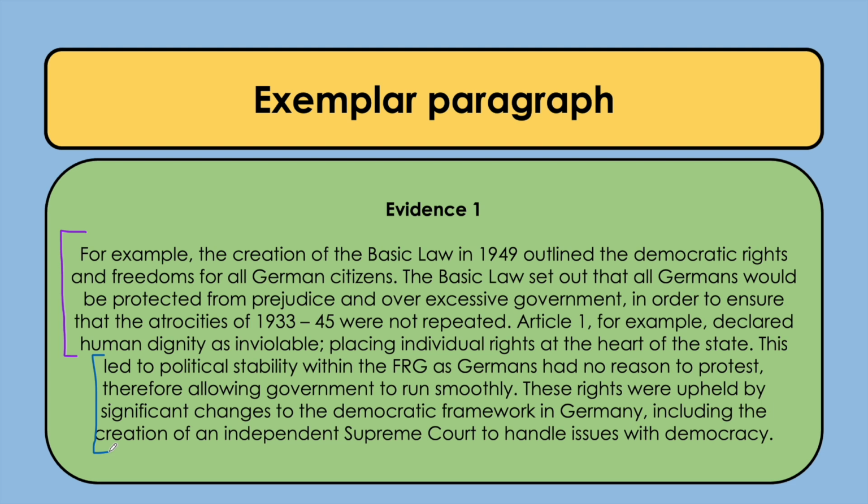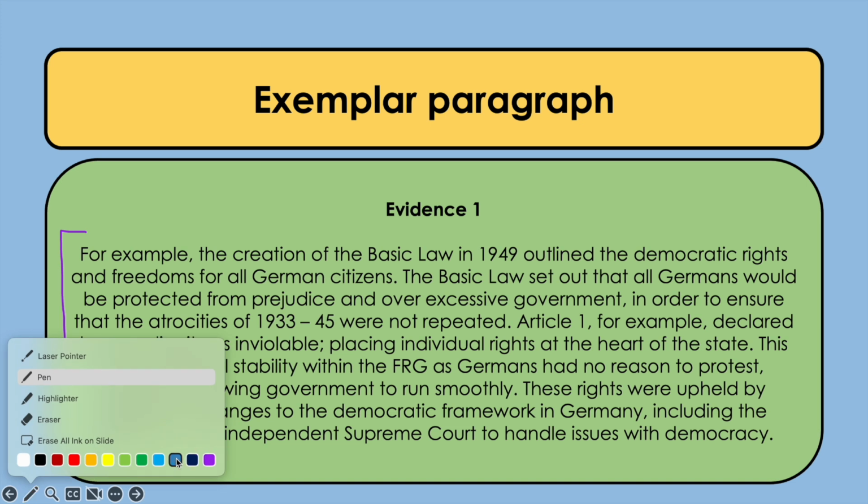It tells us how that led. So why that evidence is significant, why that evidence is important. Is it the only piece of evidence that we could relate to for this question? Absolutely not, because we're going to look at another further two pieces. But it tells us how the creation of the Basic Law led to political stability, because it really helped to bring down the number of protests that occurred within the FRG.